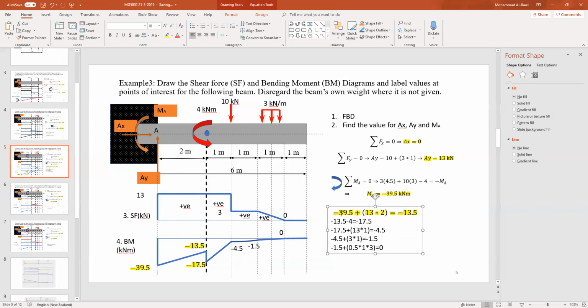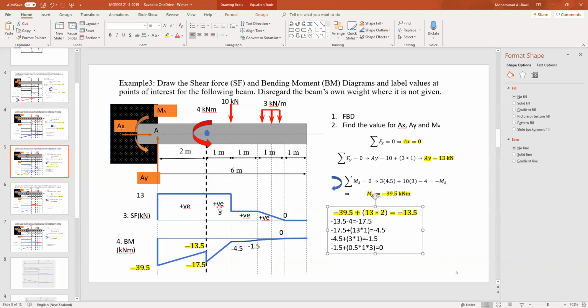So minus 39.5 plus, because of positive area, 13 times 2. This is 13 times 2. It will give me minus 13.5. I got a negative moment as well. That pushed me in that direction. So minus 13.5 minus 4 will give me minus 17.5.